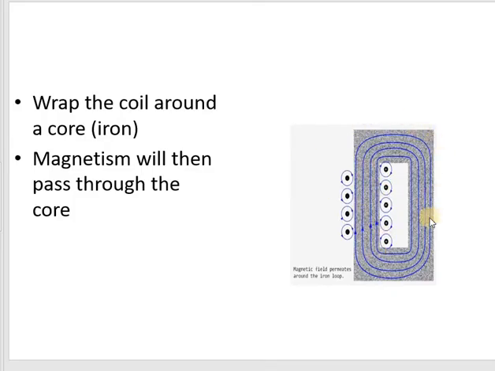So if this is the iron core, the magnetic field created by this coil, which is connected to a power supply, can be picked up by the coil on this end. The moving magnetic field will induce the movement of electrons that will then generate current flow.